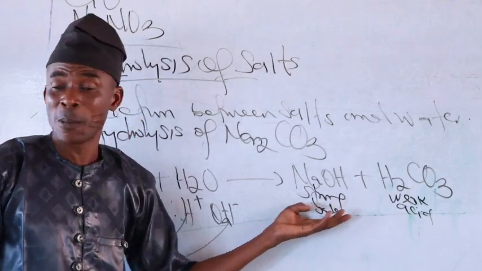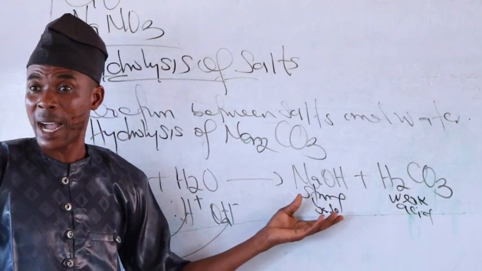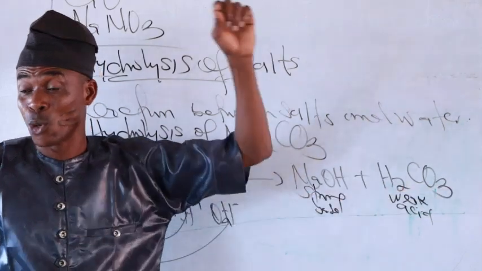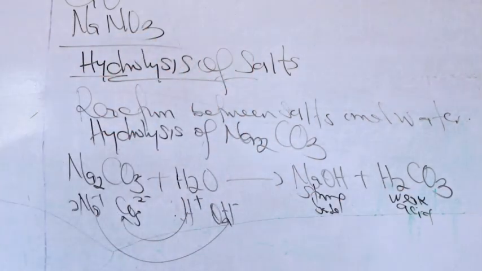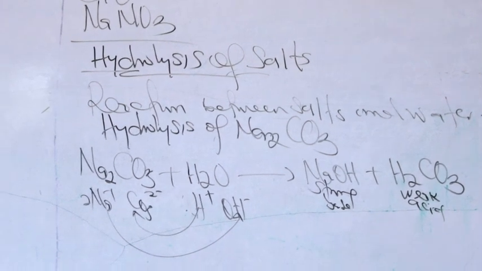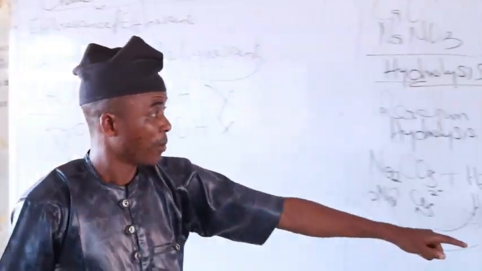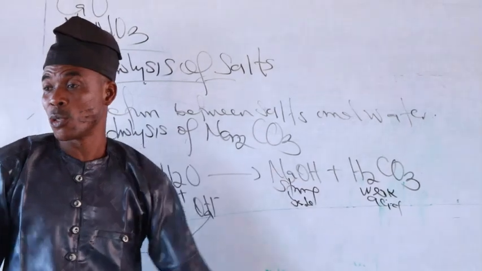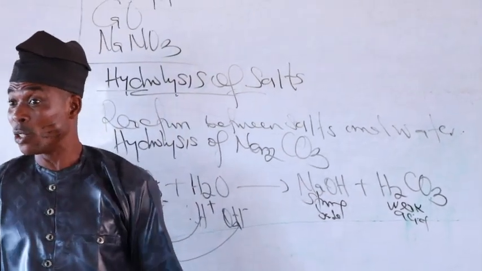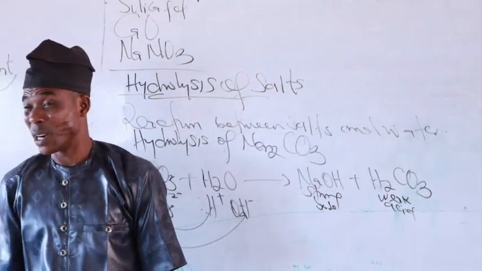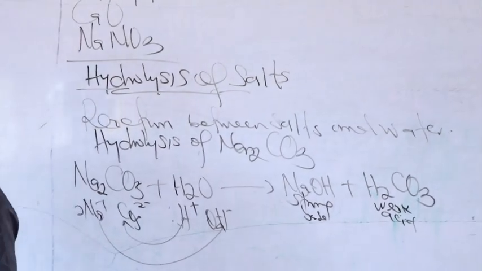And because the base is strong and the acid is weak, the solution becomes what? Basic. If you test the solution with litmus paper, what happens? The effect of the base is going to be felt, not H2CO3. And in that case, the solution will turn red litmus paper blue.